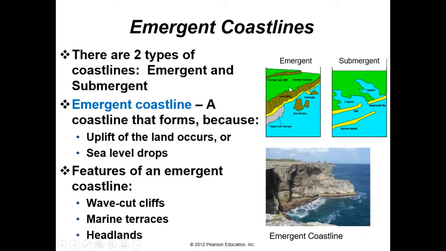They call it emergent because the land essentially is emerging upward from the water, and that's because of tectonic activity. And then the East Coast and the Gulf of Mexico are just generally where a lot of the depositional features occur. This is called a submergent coastline.